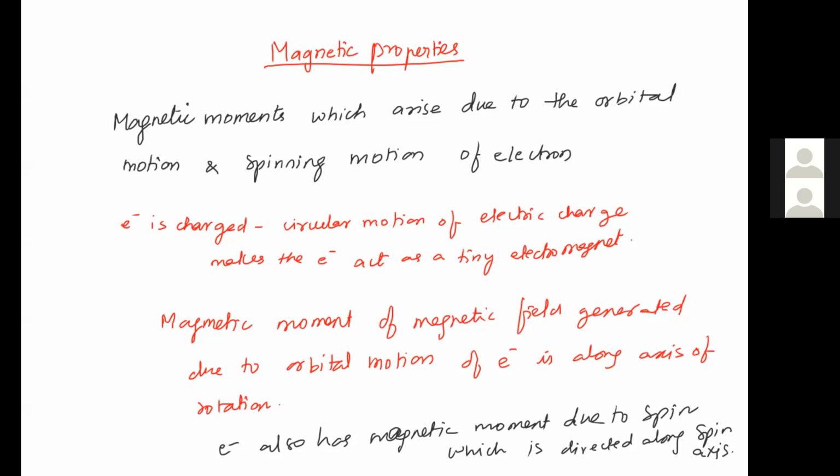As you completed. So we understood that the magnetic moment of the electron is due to two things. One, it's traveling in the orbital motion about the nucleus, or spinning on its own axis.